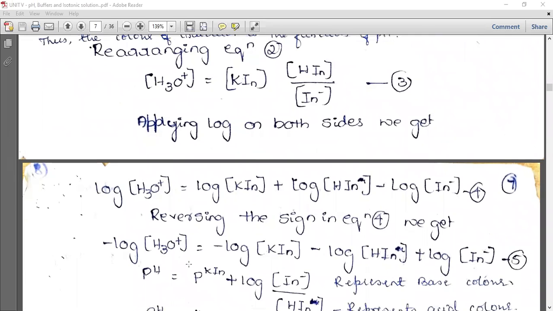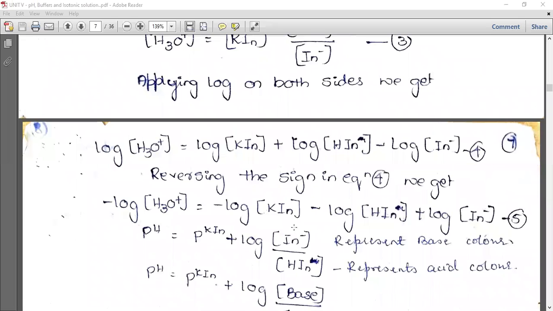Either is okay. So what is negative logarithm of H3O plus? It's nothing but pH. Negative logarithm of KIN is nothing but pKIN. And this is in the form of log M by N. This is M, this is N because it contains minus. So it is log IN minus divided by HIN.